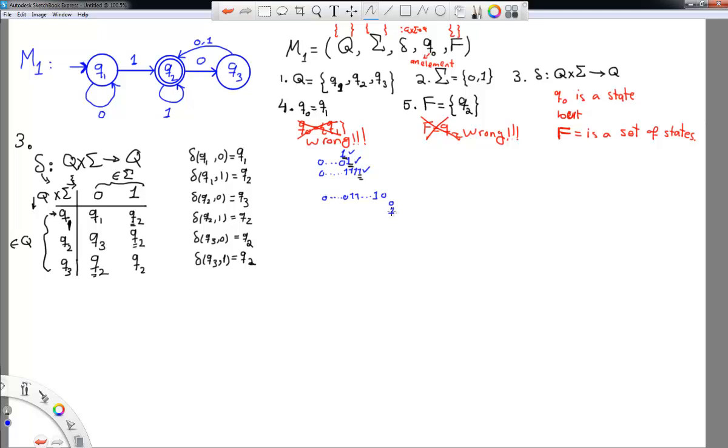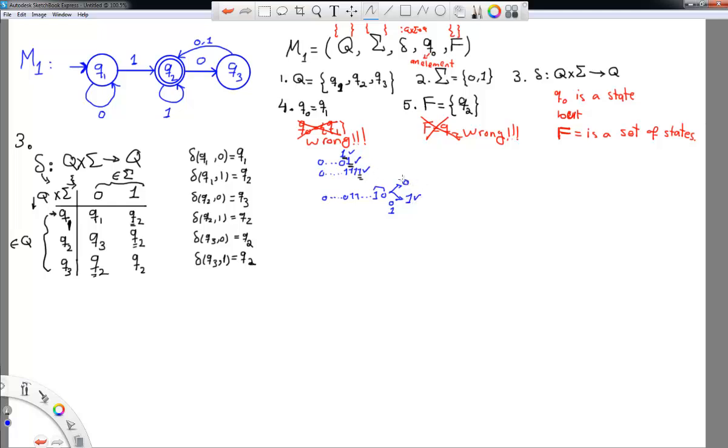Now, if it sees a 1, then it's basically back to the same strings. It ends with a 1, right? So the only two other times that this string of 1s and 0s is going to be accepted is if the next symbol is a 0 or if the next symbol is a 1, right? So we already know that this is a part of these languages.